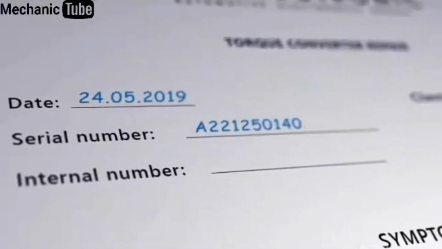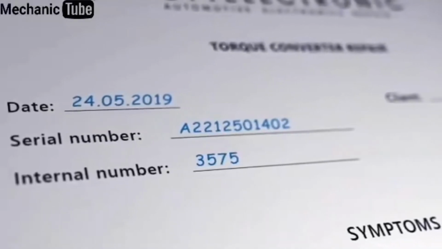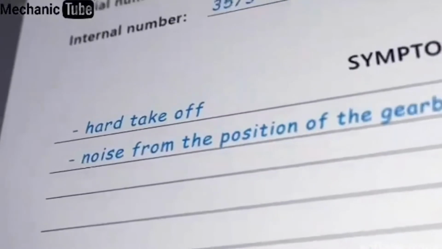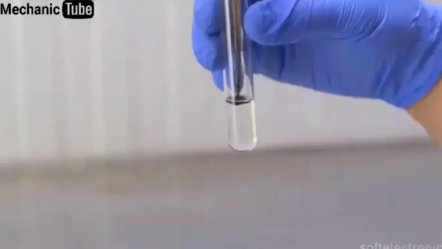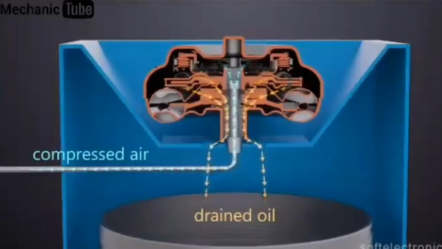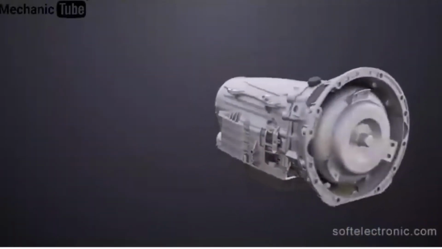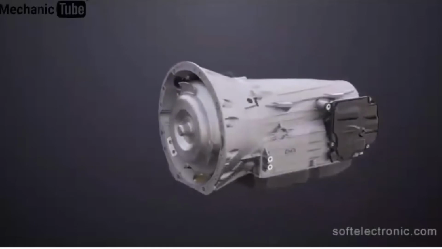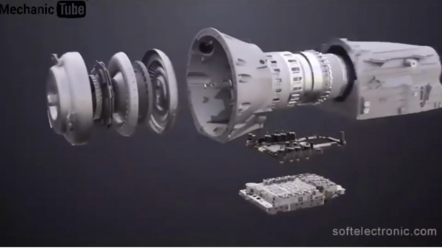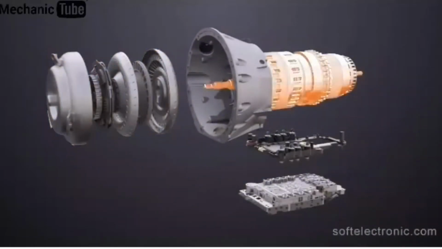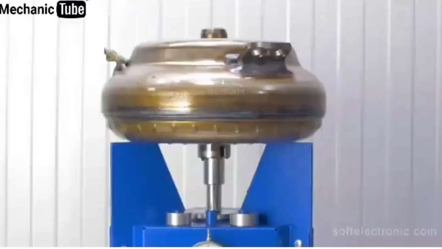After a torque converter comes for repair, it is recorded in the Soft Electronics database with its part numbers and described defect. A glycol test is performed. This is followed by an oil drainage done by a specialized machine. If the test is positive, all parts of the gearbox must be disassembled and checked, as glycol has a fatal effect on the friction elements.